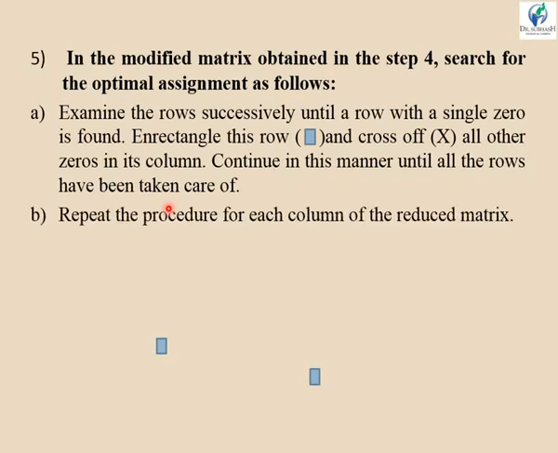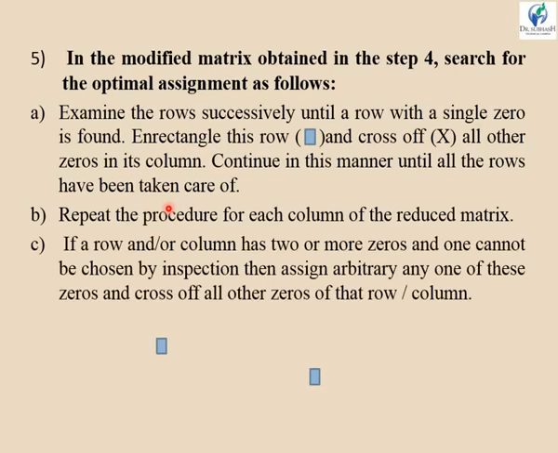Next sub point, repeat the procedure for each column of the reduced matrix. So in the previous point, all the zeros are crossed off in the rows. Now the same procedure is followed for the columns. Next, if the rows or columns have two or more zeros and one cannot be chosen by inspection, then assign arbitrarily any of these zeros and cross off all the zeros of that column.